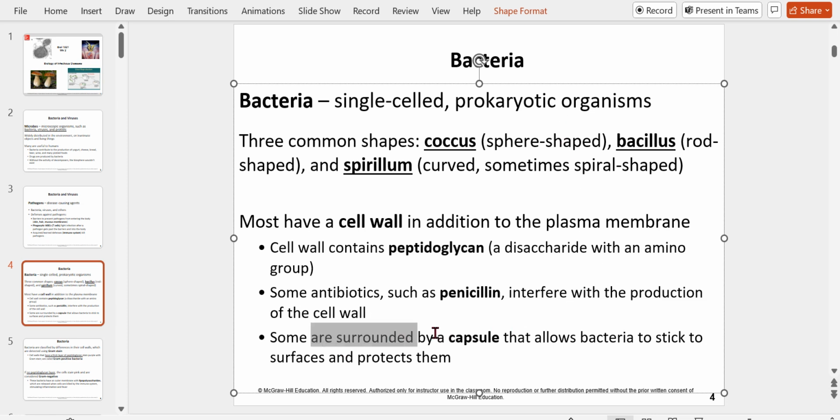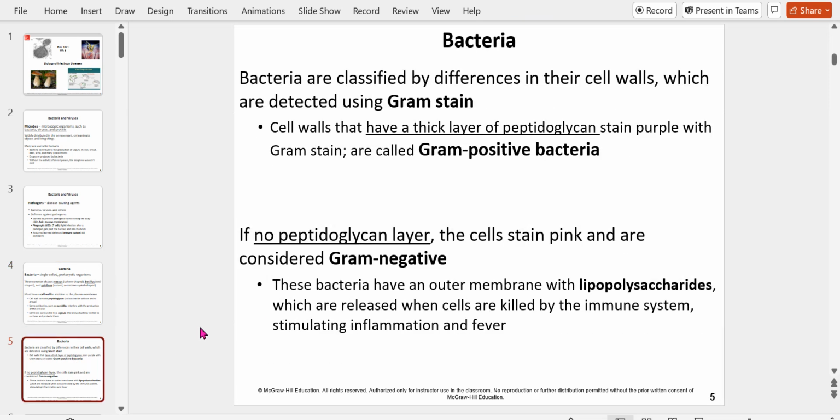Some are surrounded by a capsule that allows bacteria to stick to the surface and protects them. Bacteria are classified by differences in their cell walls, which are detected using Gram stain. Cell walls that have a thick layer of peptidoglycan stain purple with Gram stain, they are called Gram-positive bacteria.